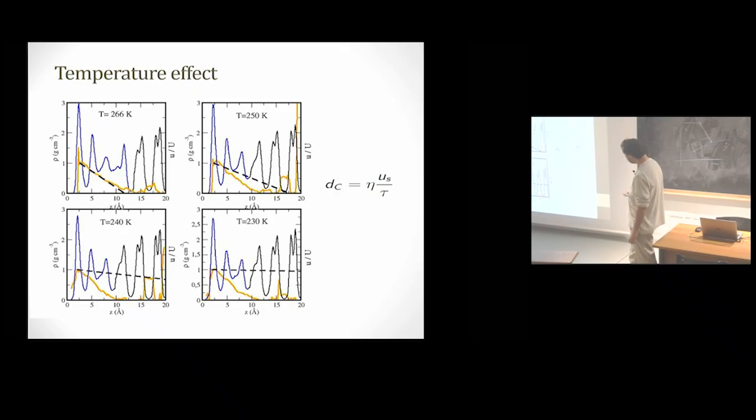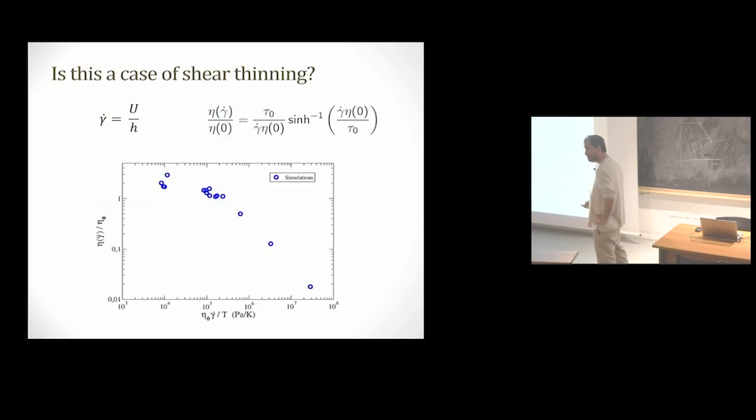I'm saying that the Couette flow is too large, and that's because the viscosity that I have assumed is too large. If I want to recover the true Couette flow that I find, I need a viscosity that is much smaller. So what is going on? Shear thinning. So it's not about viscosities 1, 2, or 3 orders of magnitude larger. It's about viscosities that are much smaller.